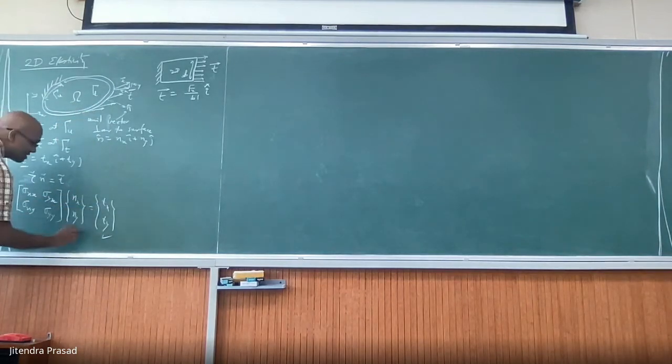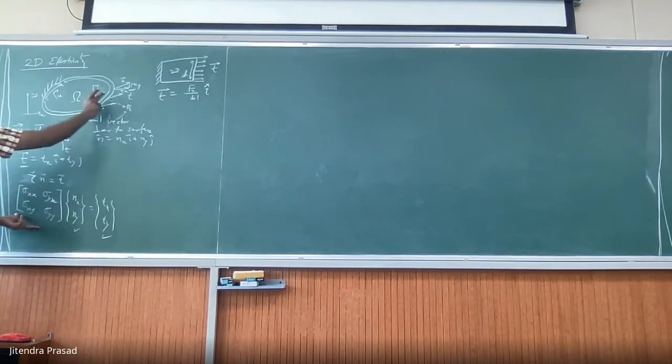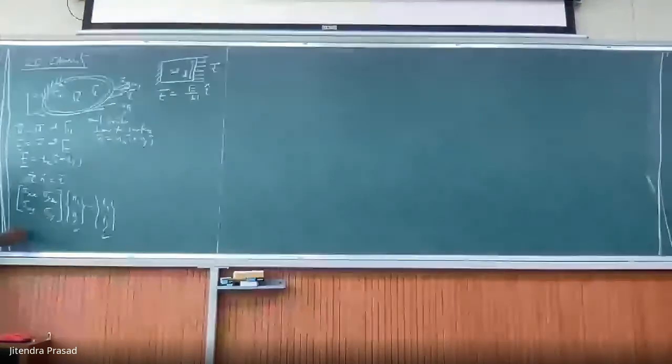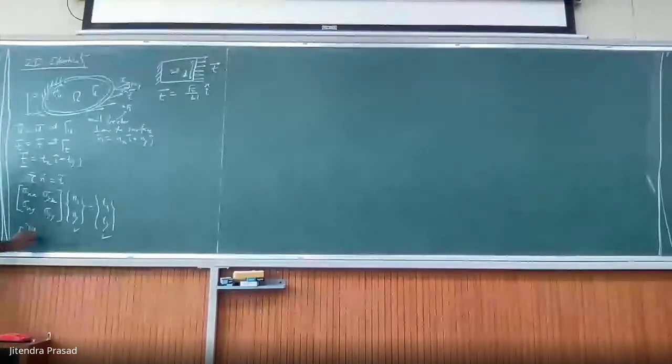You know n from the geometry, and this is the state of stress at that point. So you are applying a condition on sigma itself. The same way we did earlier in 1D: we applied a condition on del u over del x. Somewhere it was given. So what is this? This is sigma only, no?